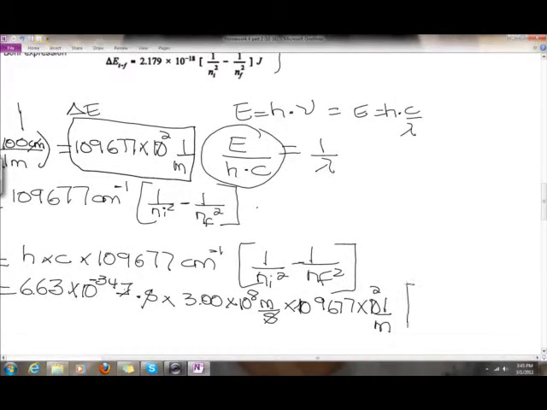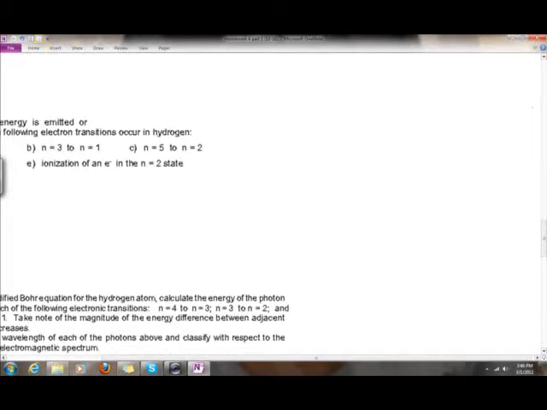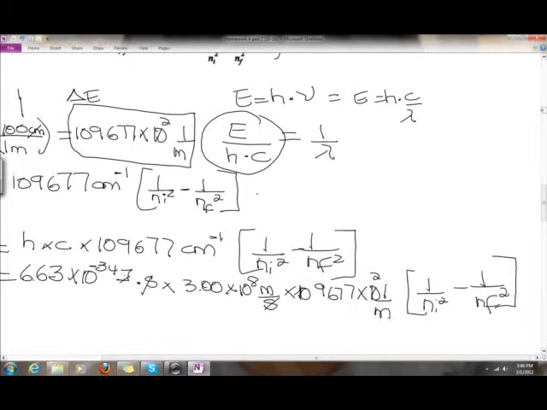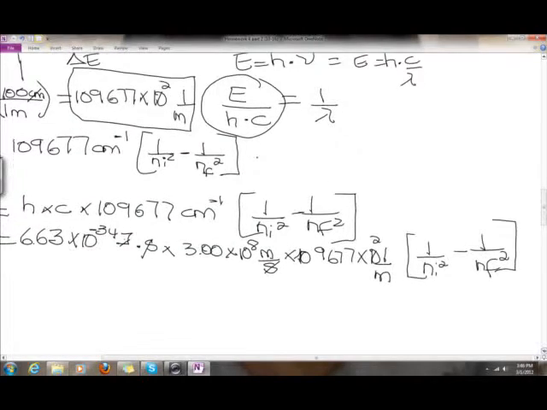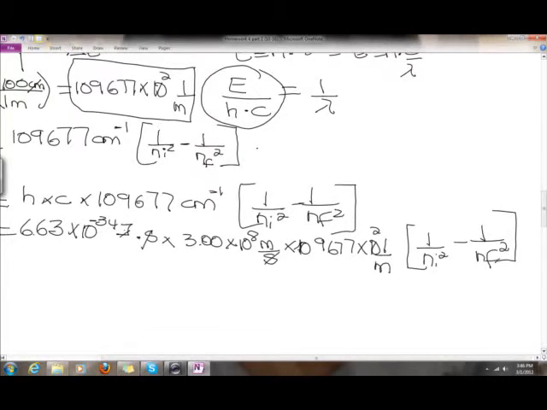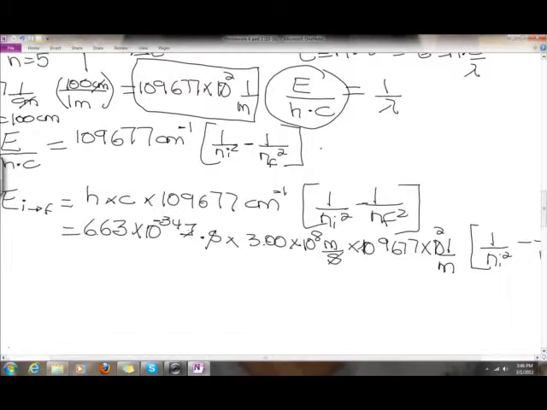Let me go to the right, but it's the same expression. I don't get into this because that's the same thing you're going to find in Bohr's expression, and it's 1 over the square of the final energy level. If you calculate all this, it's going to give you a new constant. So the transition energy from a higher energy level of an electron to the lowest one would be this.